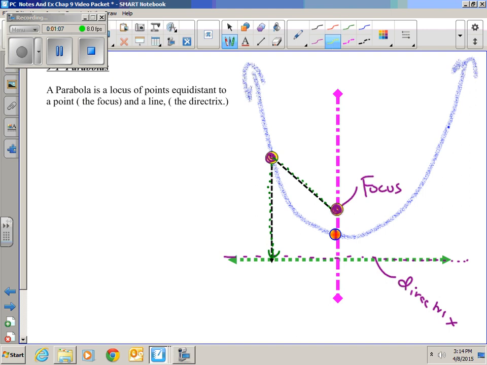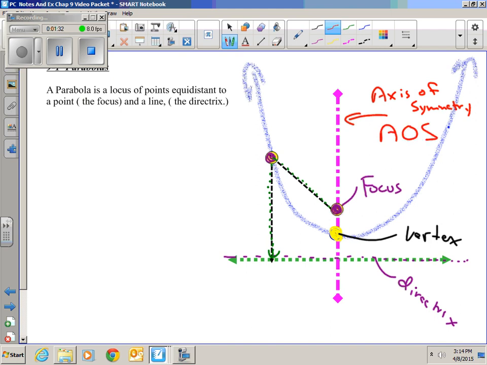This point right here, that's called the vertex of the parabola. I'll write that in black so you can see it. And this dotted pink line right here, we call the axis of symmetry, which from now on we're going to call AOS.